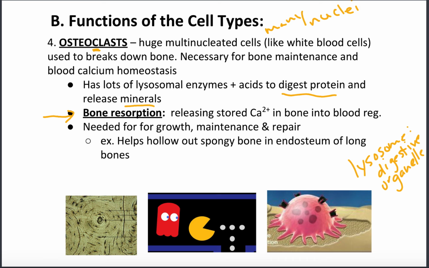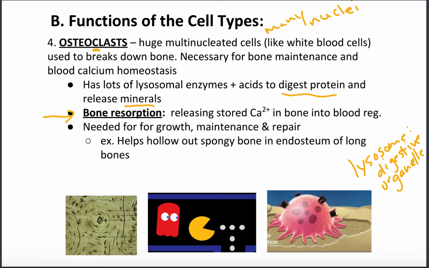You also need this process if you want to grow, maintain, or repair your bone. The bone that's built is going to wear away and get crappy over time, sort of like in your house, where eventually the walls get dirty and gross and have little pits in them, and over time you're going to want to replace them. So you use the osteoclast to strip down the old crappy bone so you can lay down nice, clean, new, stronger bone right over it.